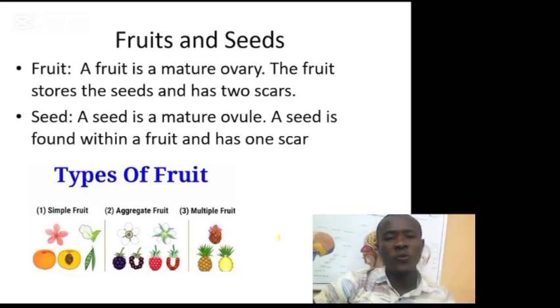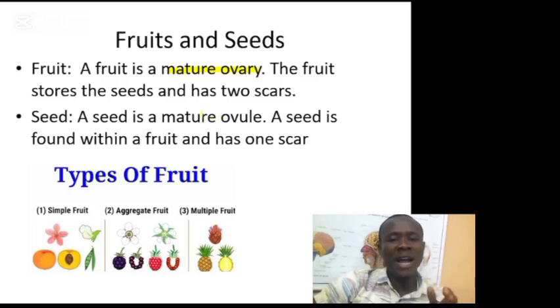So we have fruit and seed that we have to discuss now. We are going to discuss the various types of fruit that we have. But first, let's try to define what is a fruit and what is a seed. A fruit is a matured ovary. As we say, at the end of fertilization, the ovary will develop into fruit, and the ovule will develop into seed.